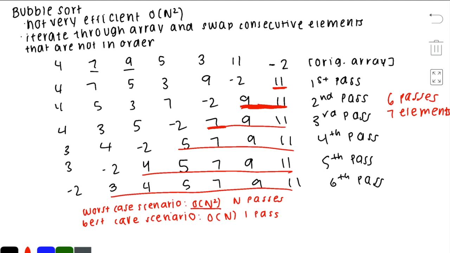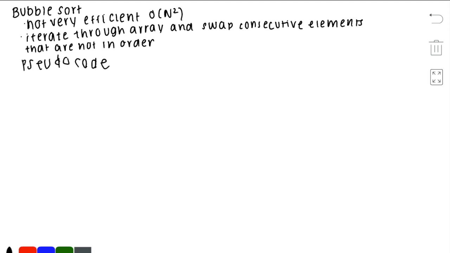So let's move on to the pseudocode for this algorithm. So again, we want to do n passes in the worst case scenario. So the outer loop would be from i equals 1 to n.